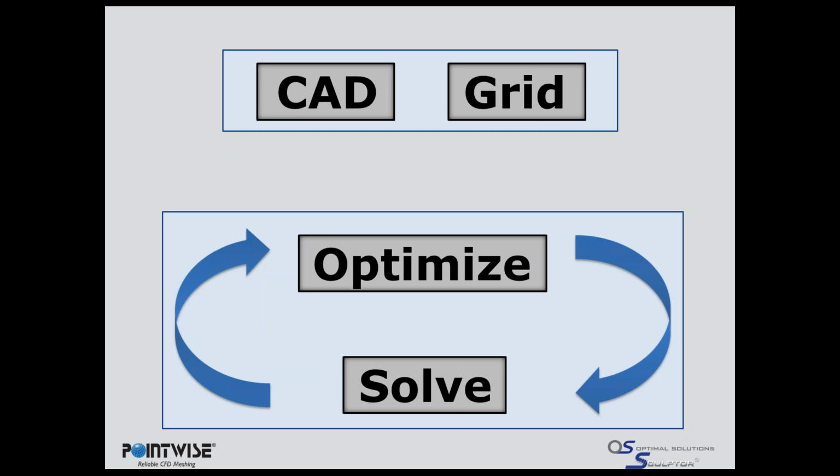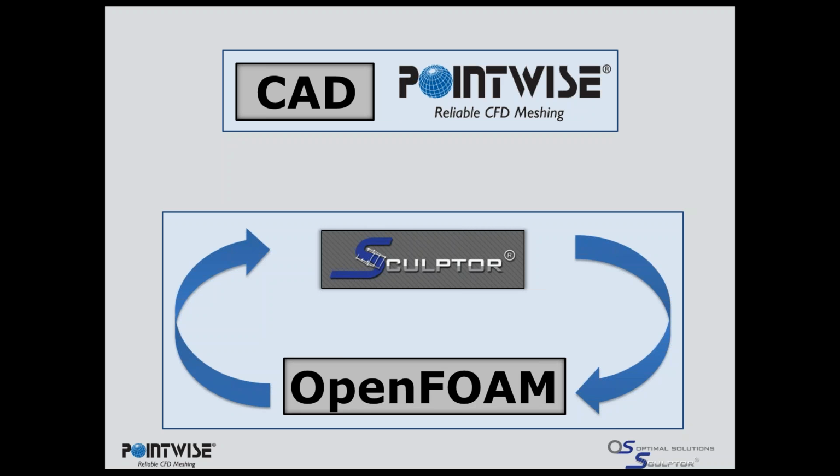And they're able to do this hundreds or thousands of times with a single mesh. So the tools that we use for this are Pointwise to generate the mesh, and that's what we're going to be talking about in the first half of this presentation, and then Sculptor to perform the shape deformation and optimization, and then OpenFOAM to actually run the calculation and compute the objective function value that we're looking for.